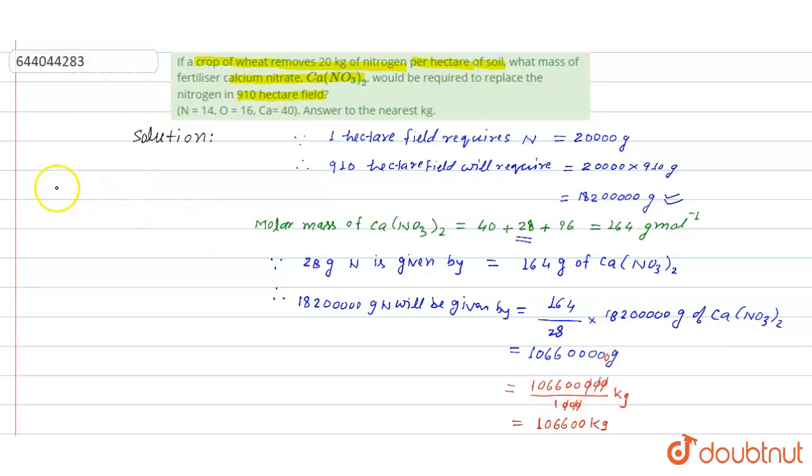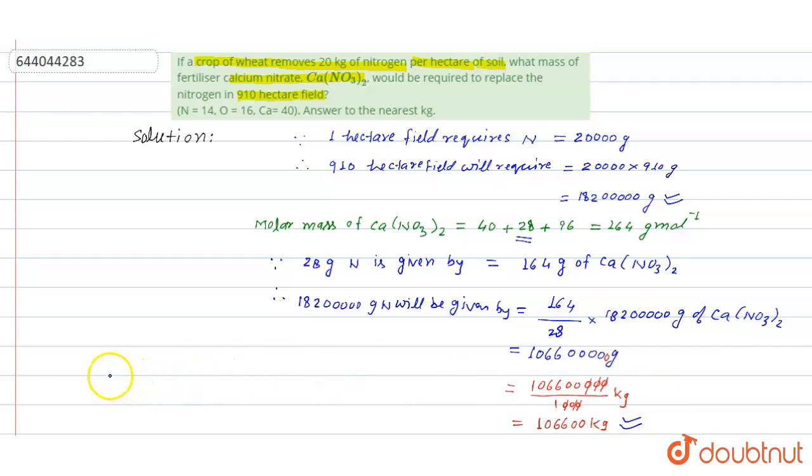This much kilogram, 106,600 kilogram of calcium nitrate will be required.